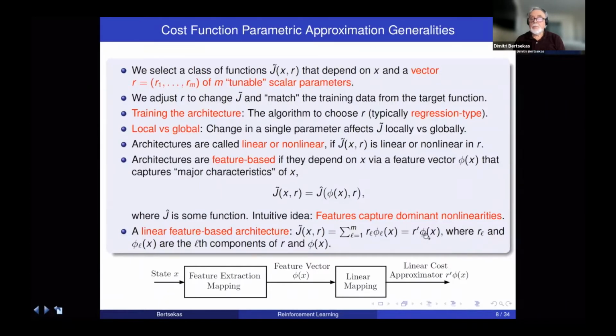And you can write this as an inner product of this vector R with the vector of features phi of x. So that's a linear feature-based architecture, a very major, very important class of approximating architectures. If you know good features, this is a pretty good one, because like I said earlier, it can be trained relatively easily.